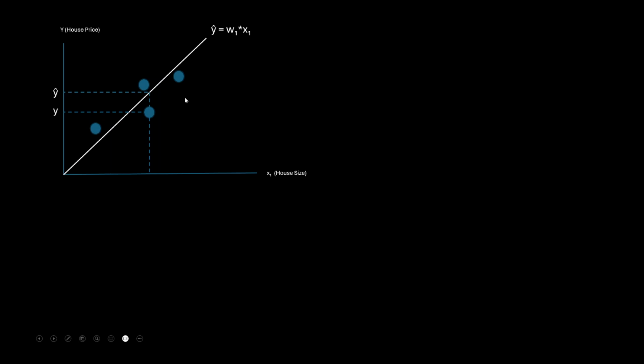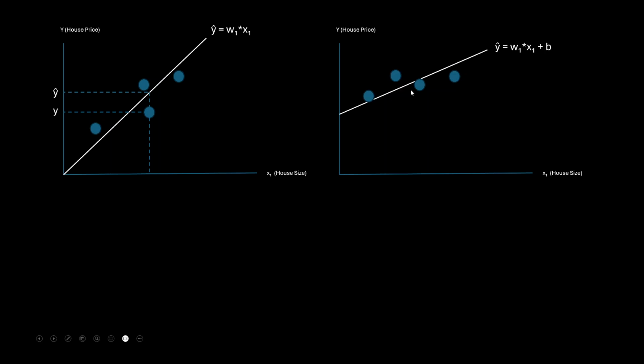But what if our data points are arranged in a way that the best fit line does not go through the origin? For example, like this. The best fit line for these data points might be like this.